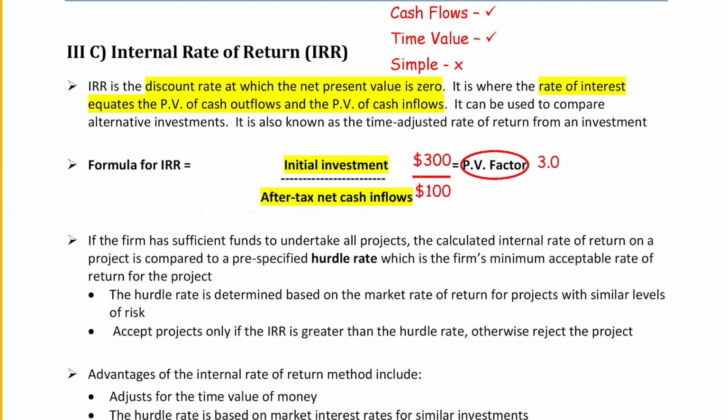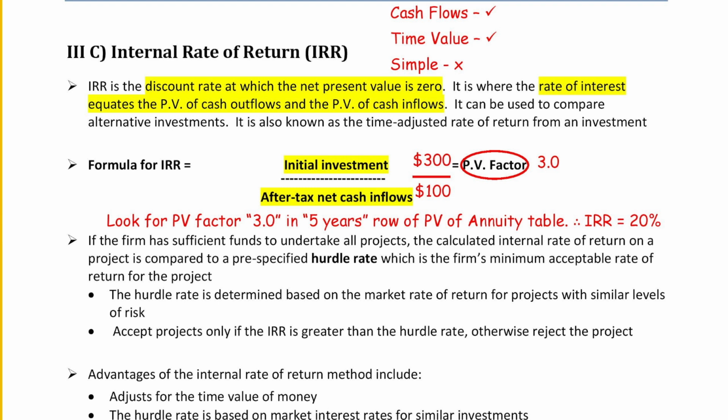Now to find IRR, we're going to look for present value factor 3 in the 5 years row of the present value of annuity table. And there we would find that IRR equals 20%.